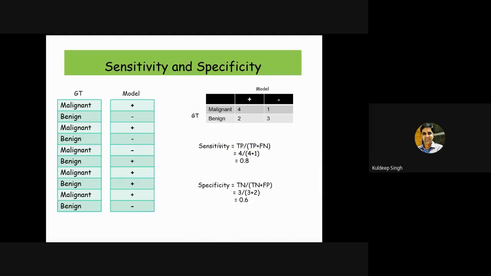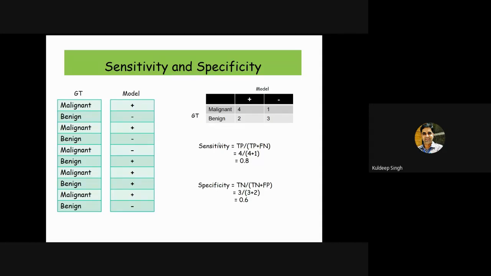Out of these 10 images, what will be the value of true positive? Out of these 10, 5 are the positive ones in ground truth. And out of those 5 positives, the model is able to detect 4 as positive. So that's why true positive is 4.